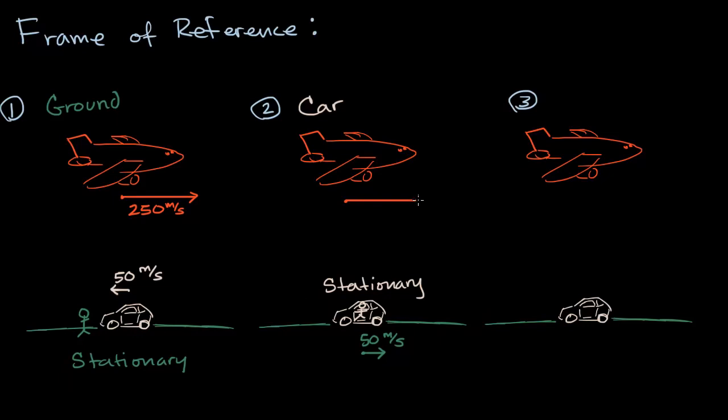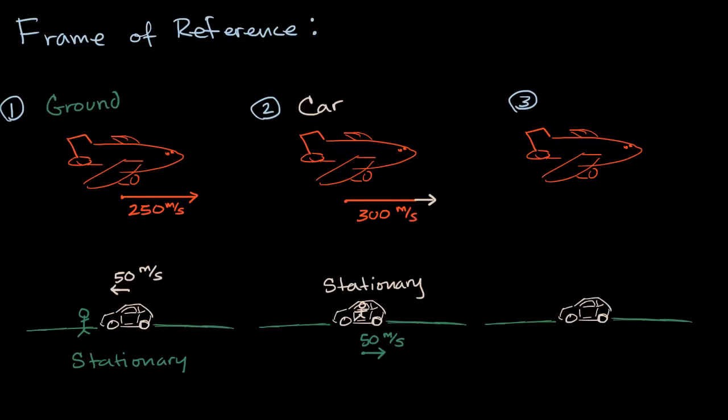So the plane to you is going to look like it's going 250 plus 50 meters per second. So the vector would look like this. And so it would look like it's going to the right at 300. Let me write that in that orange color. At 300 meters per second.